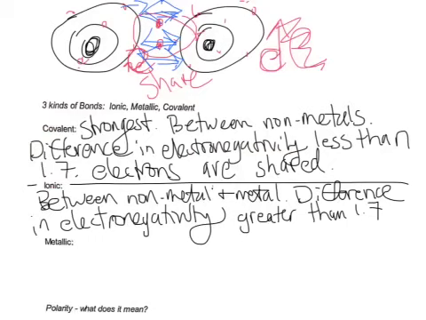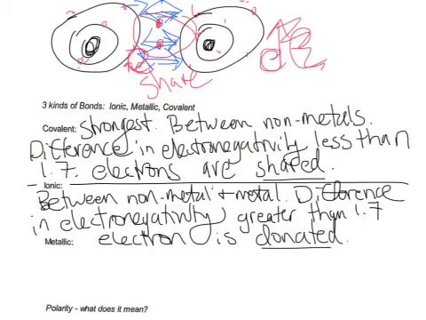But if the difference in electronegativity is greater than 1.7, we say the electron is donated. So there's a difference, shared and donated. Donated means this gives an electron to this one, and the fact that they did that kind of keeps them together, whereas with the shared situation, the electrons sort of stay between them, and this forms a tighter bond, covalent.